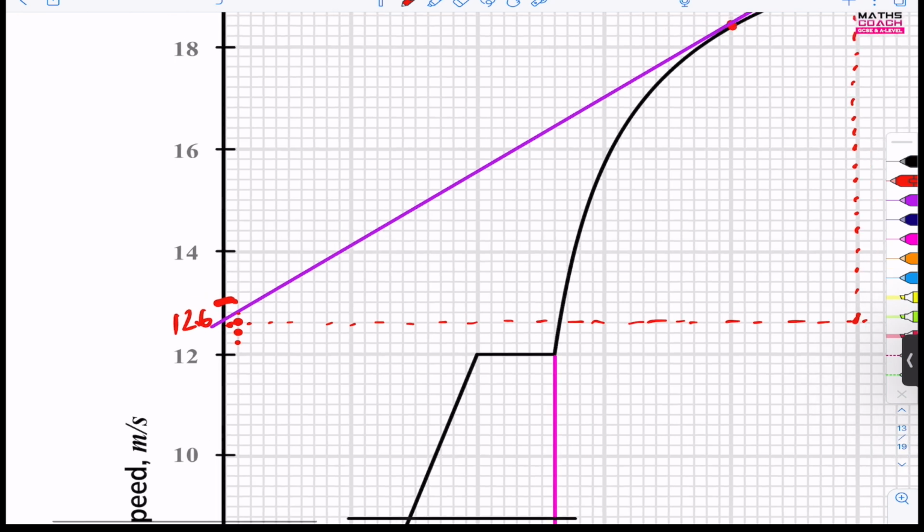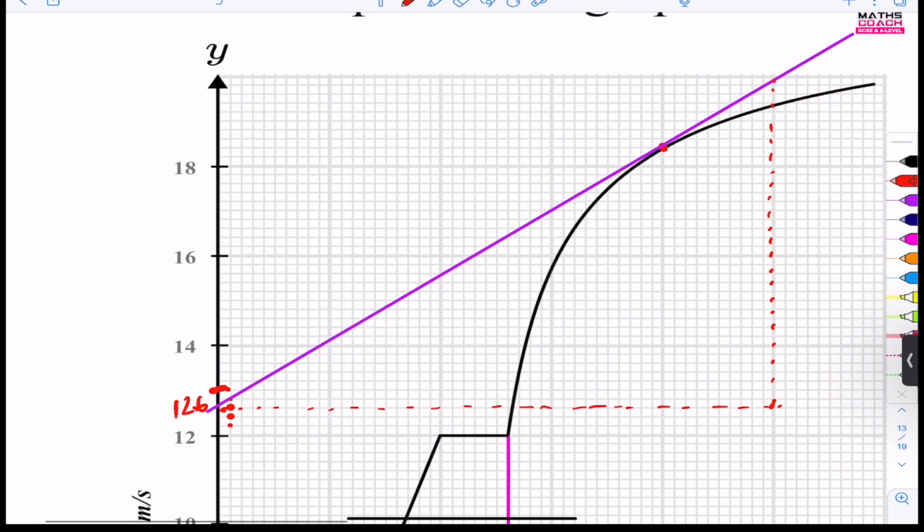And from 12.6, it goes all the way up here. Let's just say that would be 20. Okay, so 20 take away 12.6 gives us 7.4. So this height here for the y is 7.4, the difference in the y.